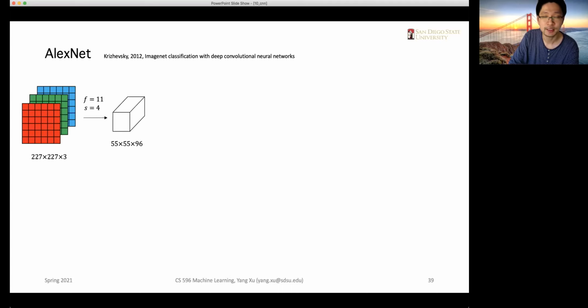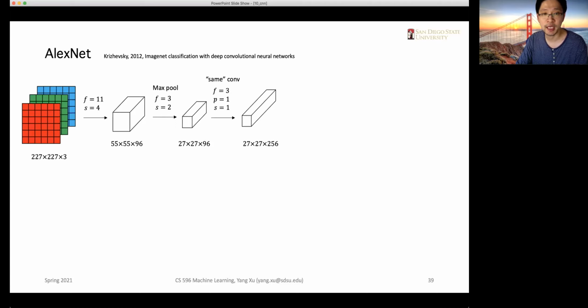And then AlexNet actually uses a very large filter. It's an 11 by 11 filter with a large stride as well. So that will be the first intermediate variable. And max pool is applied, which results in a smaller intermediate representation.